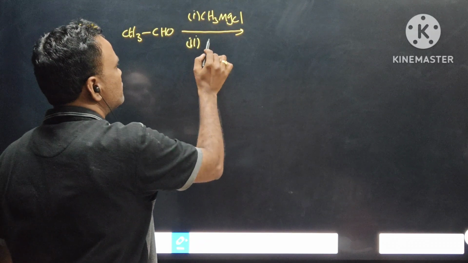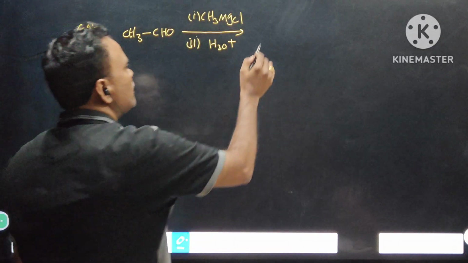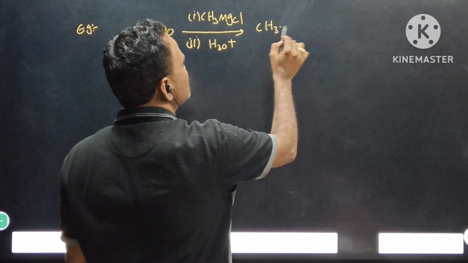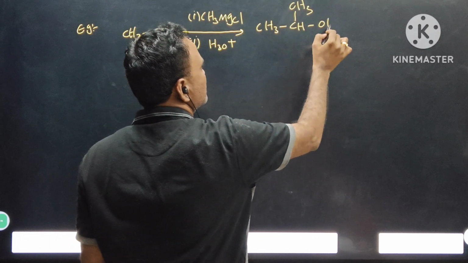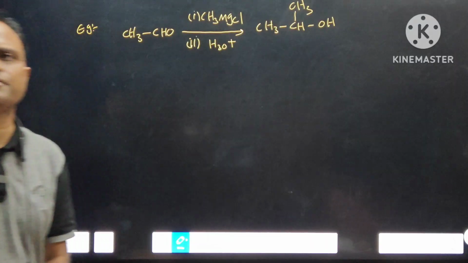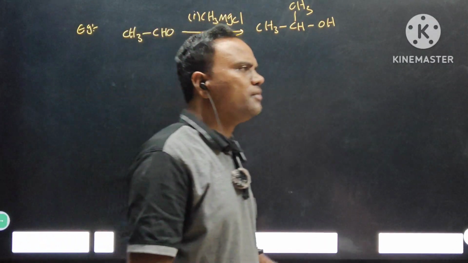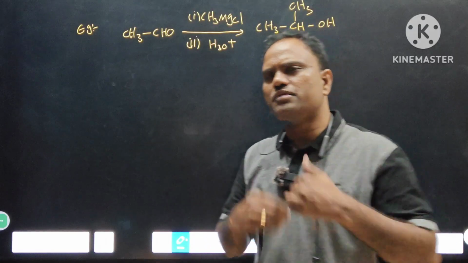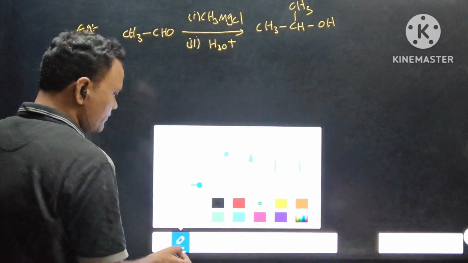Second is H3O positive. And the product is CH3CH(OH)CH3, a 2 degree alcohol. Same mechanism. Once you learn the mechanism, you can apply it for hundreds of reactions. Same procedure, everything is same.